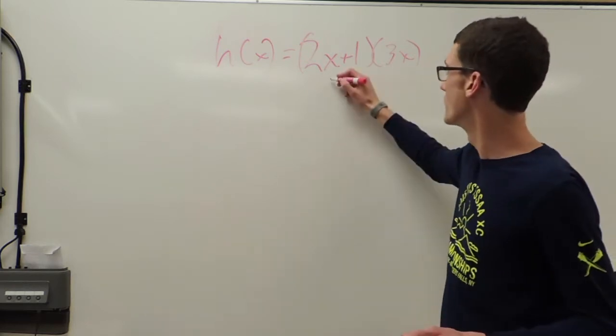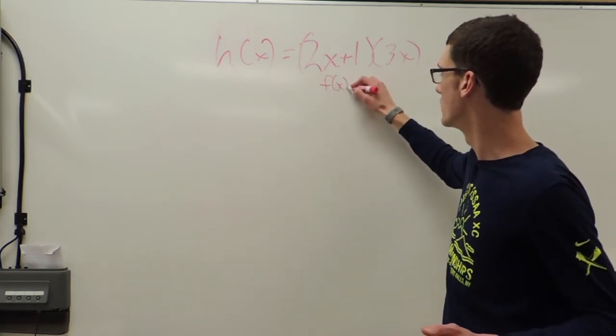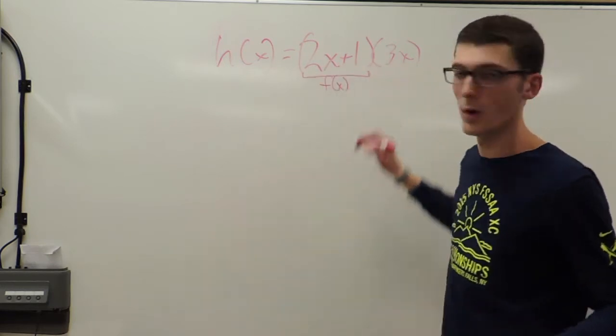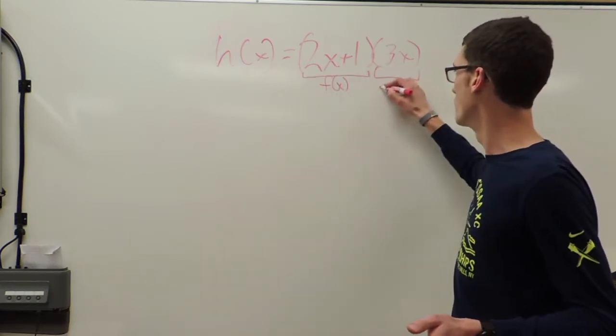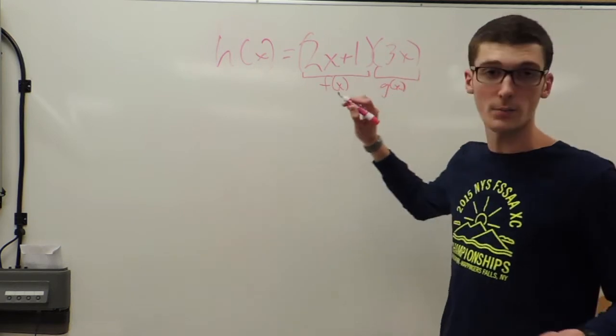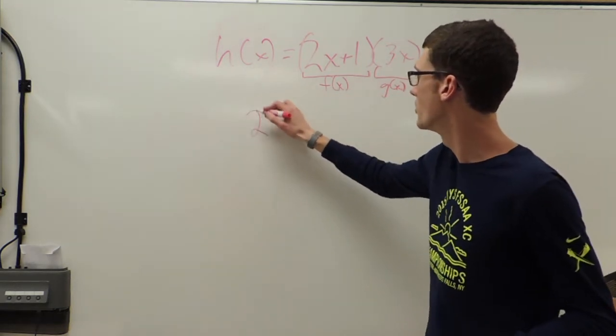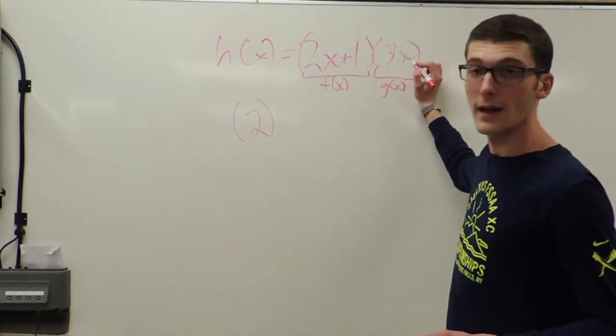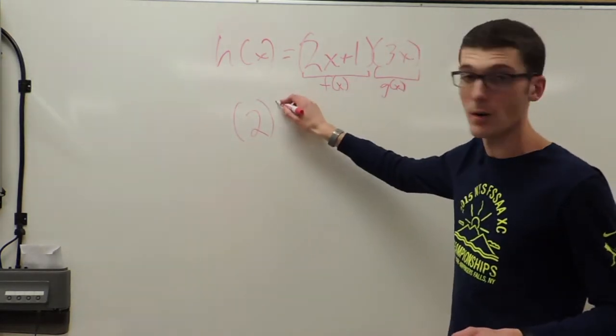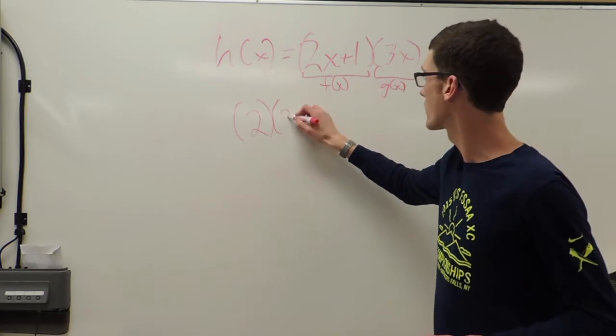So, in this equation, this portion is going to be f of x. The 2x plus 1 will be f of x, and then the 3x will be g of x. So you have to take the derivative of f of x first. The derivative is just 2. And then you multiply it by the g of x, because that's part of the equation, so 3x.